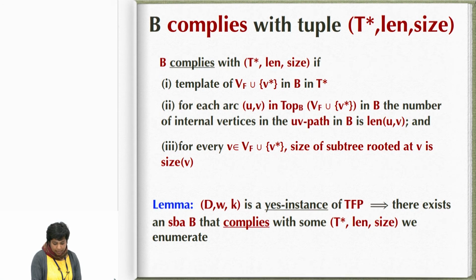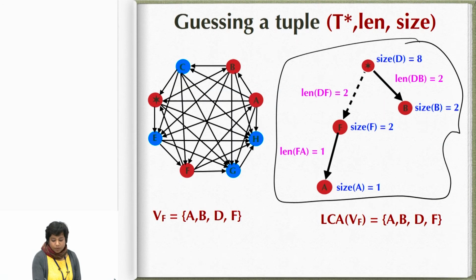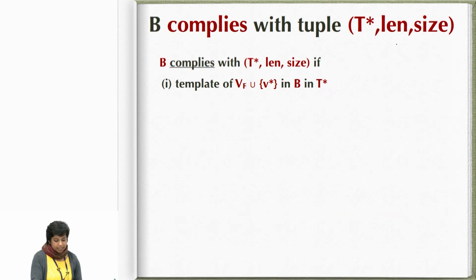For example, suppose these two sizes are children of this guy in the template tree, so they will become descendants in the eventual solution. Because SBA has that property of the power of 2 and so on, if those sizes don't make sense because they are part of the bigger subtree rooted at this vertex, we say this guess is invalid. So we look for a template that can be extended to an SBA. That's what happens in the second step.